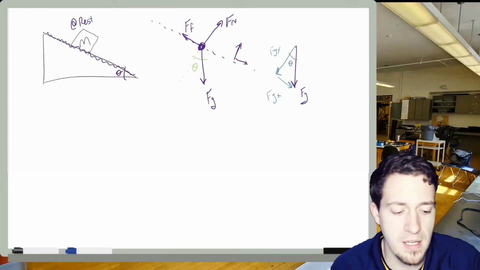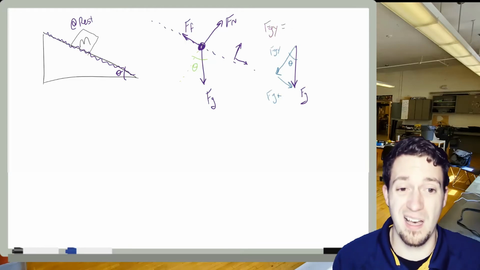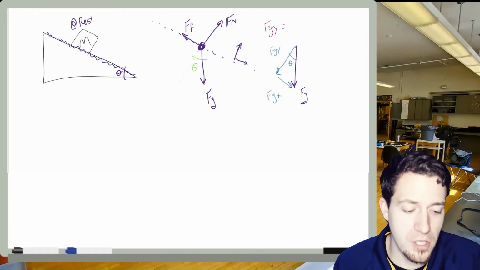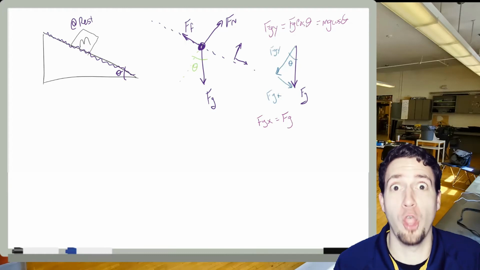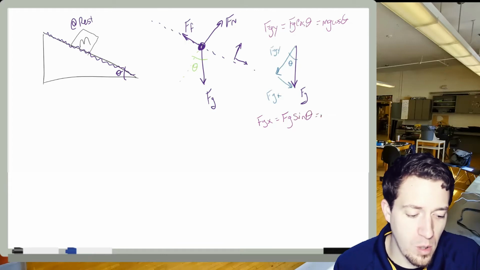Because that is theta, FGY is going to be, if we think SOHCAHTOA, adjacent, so this would be FG cosine theta, also written as MG cosine theta. And then FGX would be FG, well, it's opposite, so it'd be FG sine theta or MG sine theta.